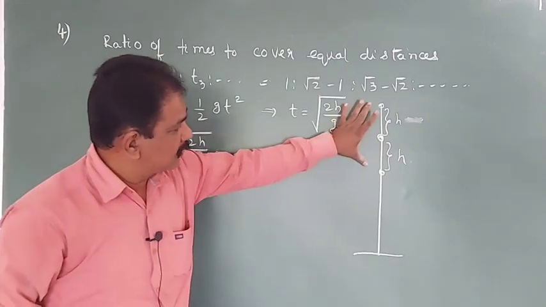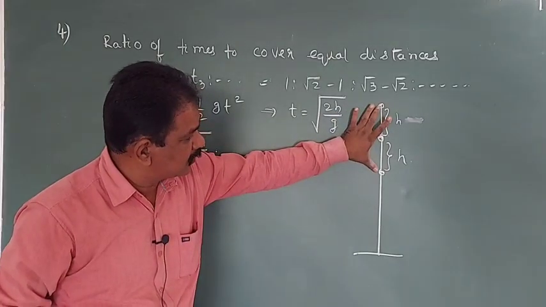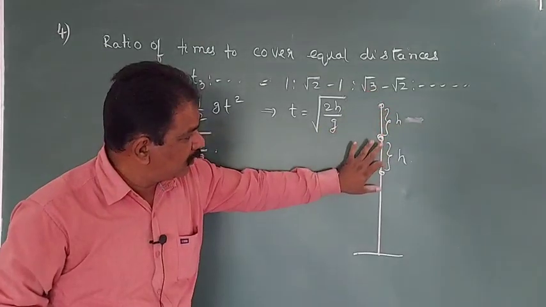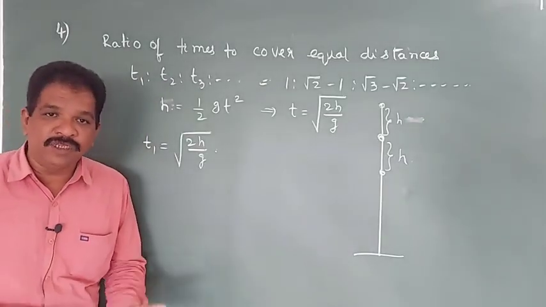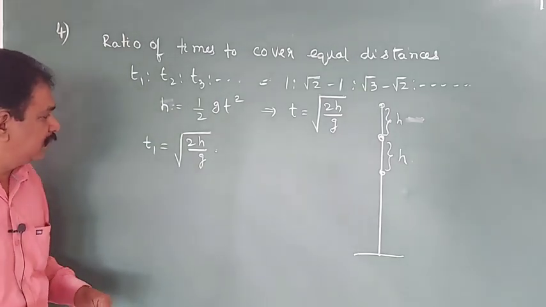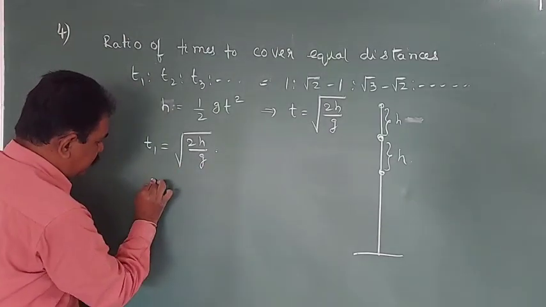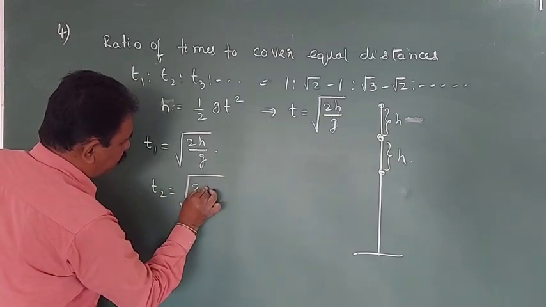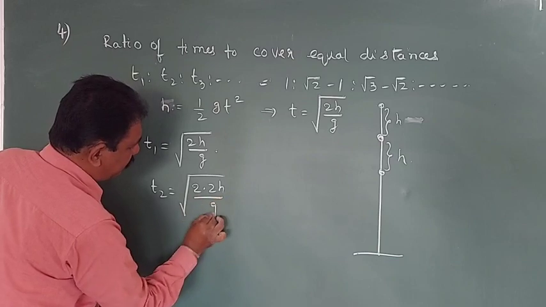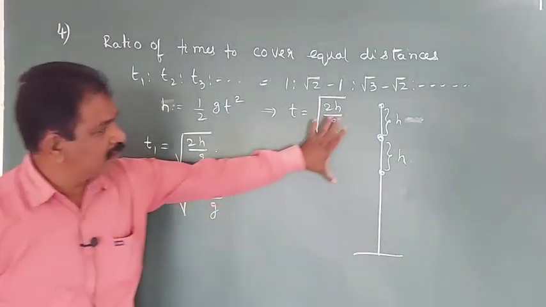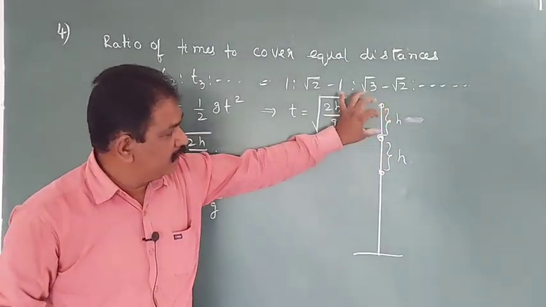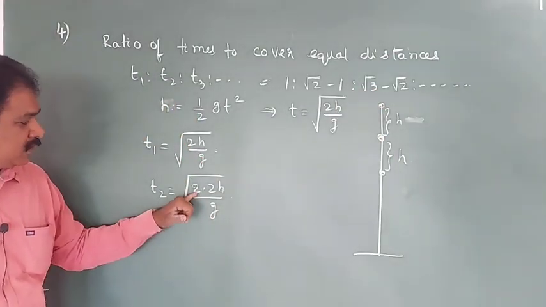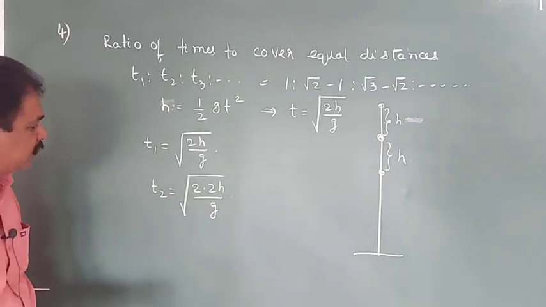Okay. Next, this total distance h plus h, 2h. To cover this, it is taking a time t2, like that I am assuming. Then t2 is equal to what will happen? Root of 2 into 2h by g. To cover this entire distance, it is taking time t2. So this will be root of 2 into 2h by g.